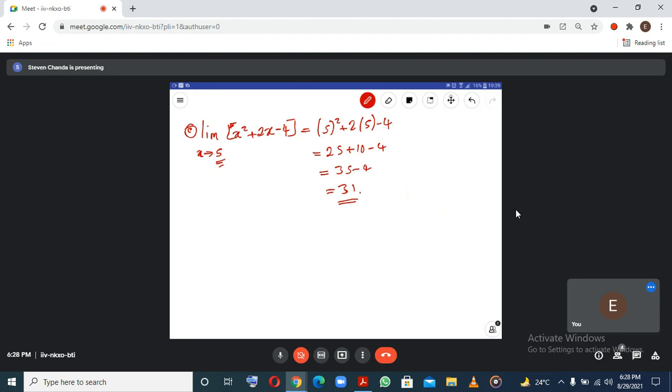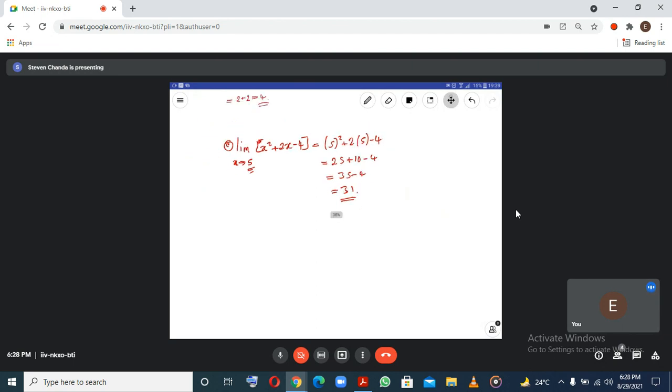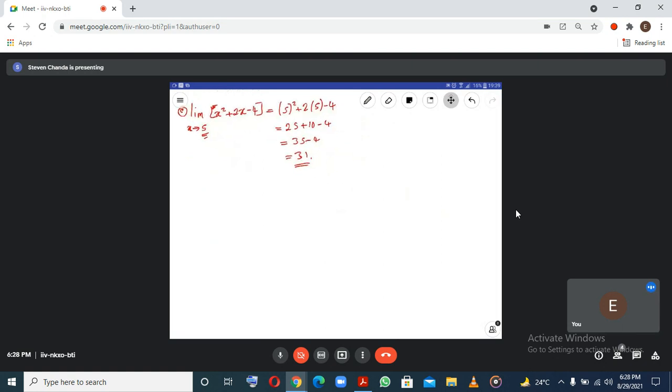So now let's look at another example, and then we can see how we can appreciate these concepts.